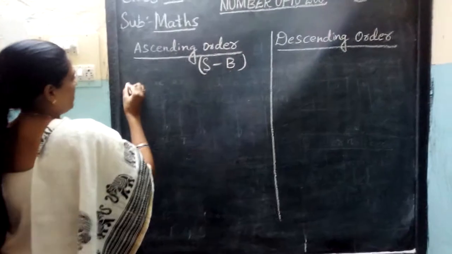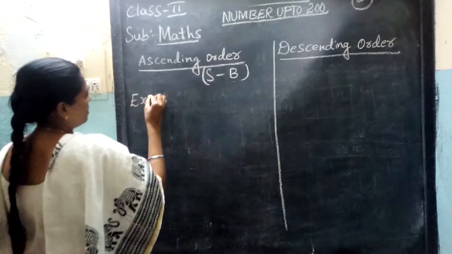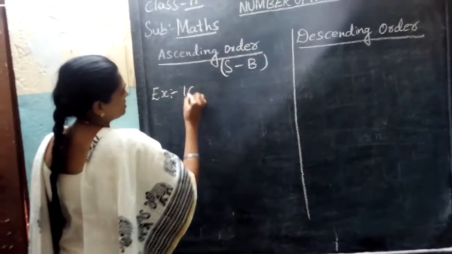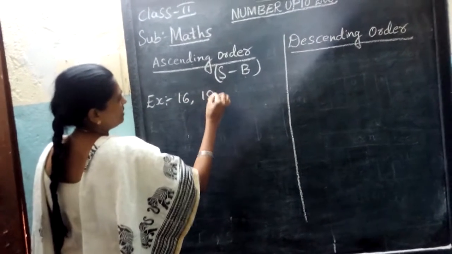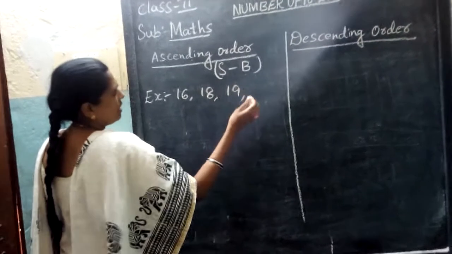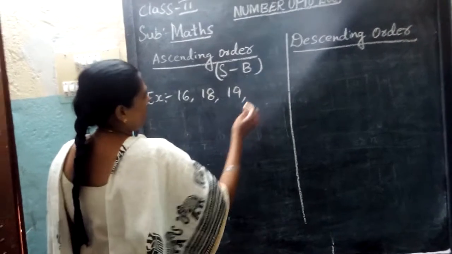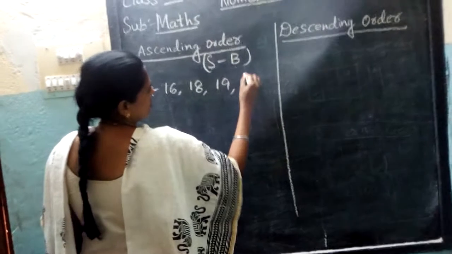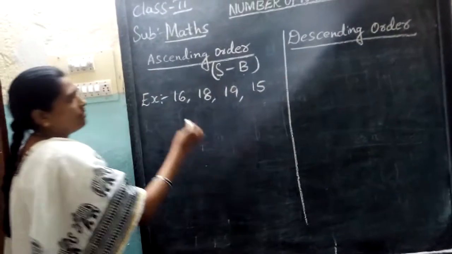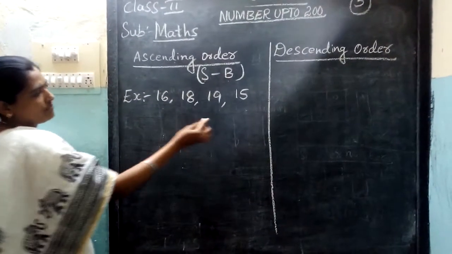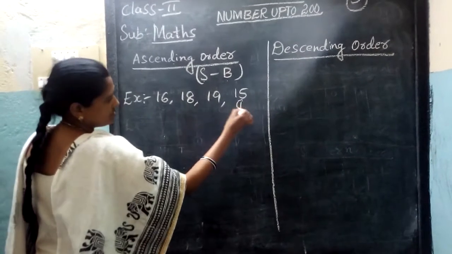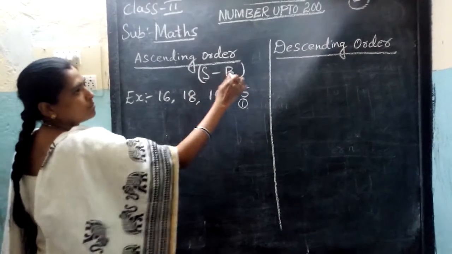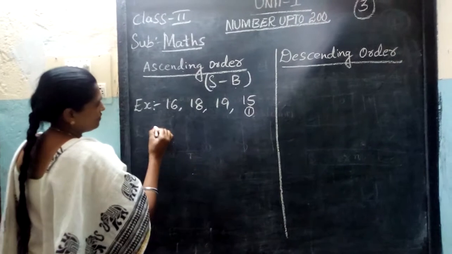For example, 16, 18, 19 and 15 are there. Now in which method do you have to arrange this? First number, what will come? Yes. Ascending order means small number to the biggest number. First number 15 will come.